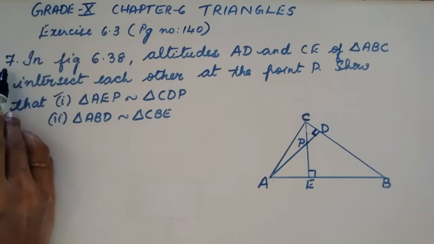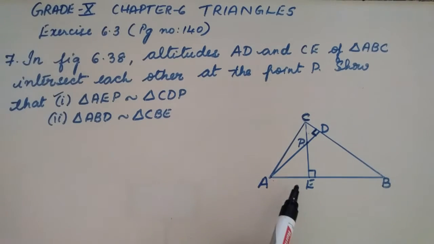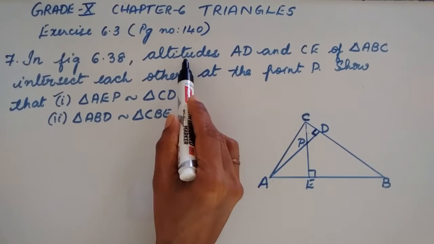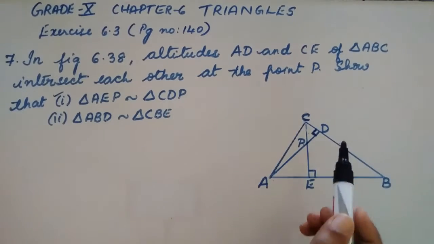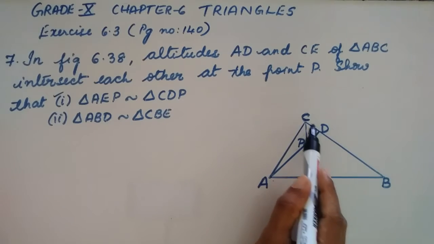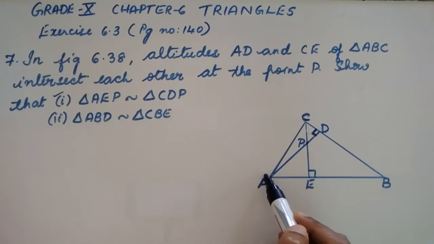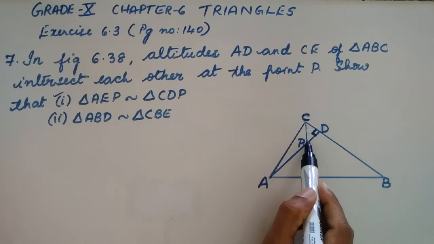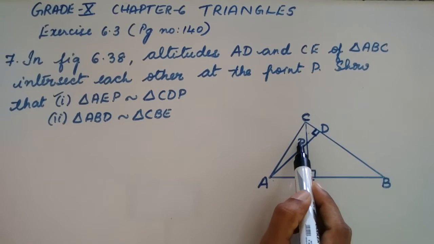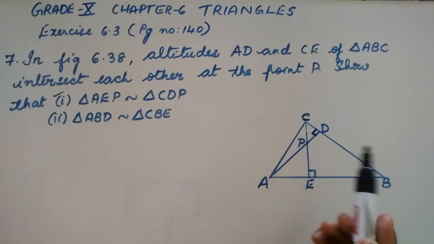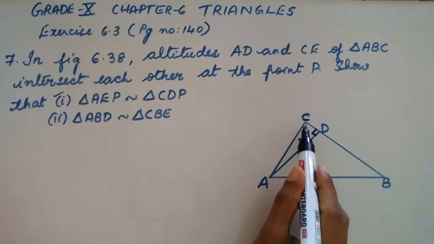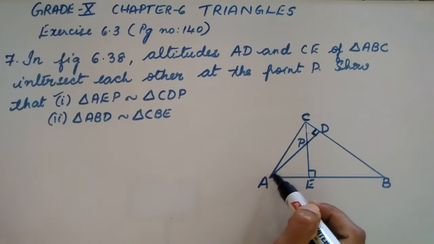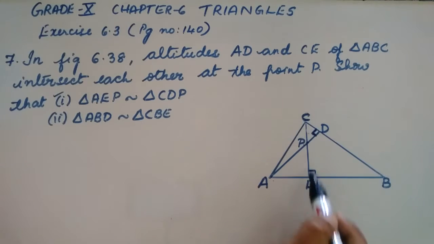Problem number 7. In figure 6.38, altitudes are nothing but the heights. Altitudes AD and CE of triangle ABC intersect, or they cross each other, at the point P. So now this is a triangle ABC and we have the altitudes AD and CE.